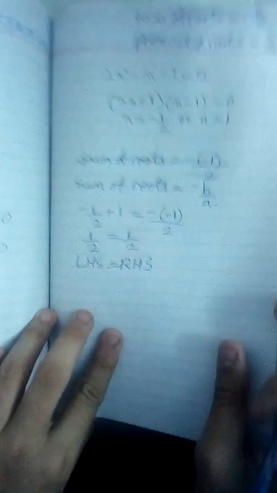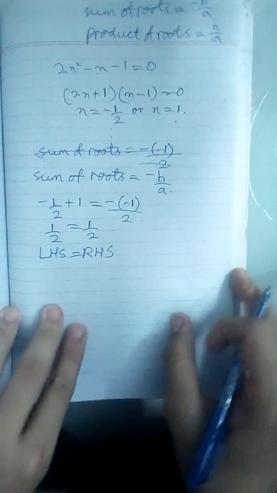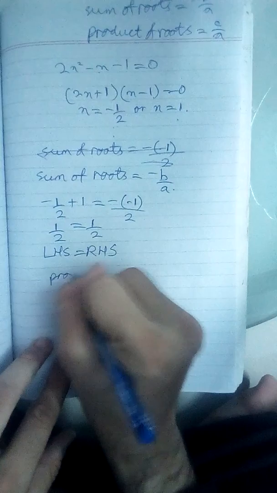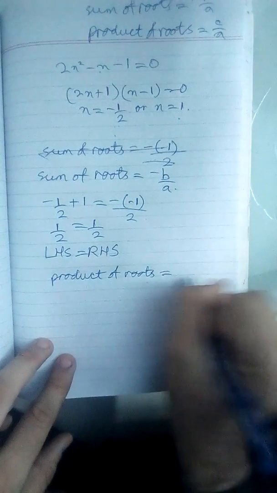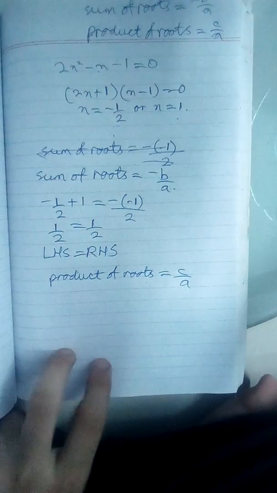Now towards calculating the product of roots. Product of roots is equal to c over a.